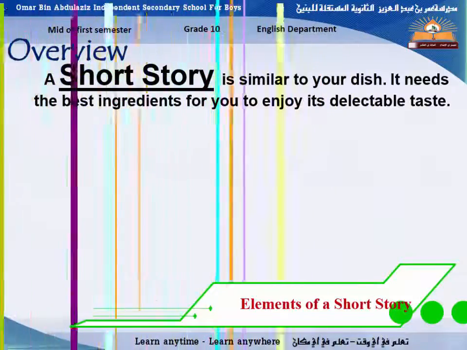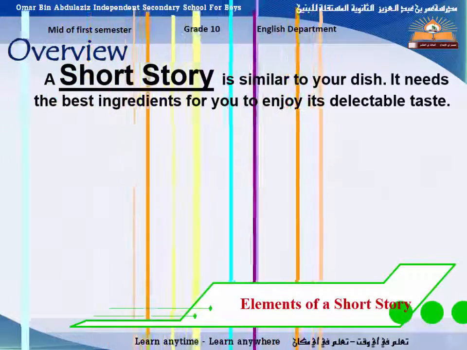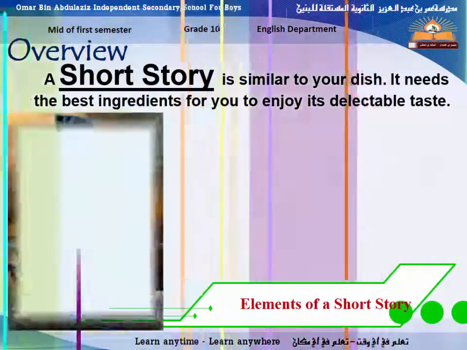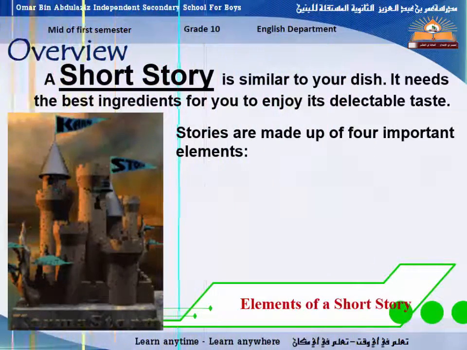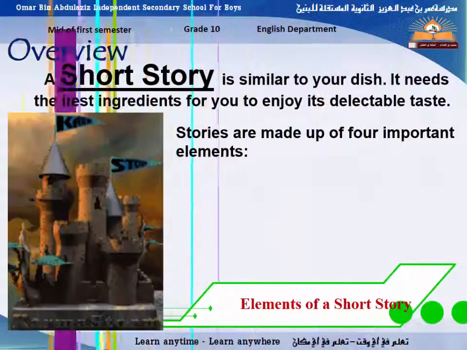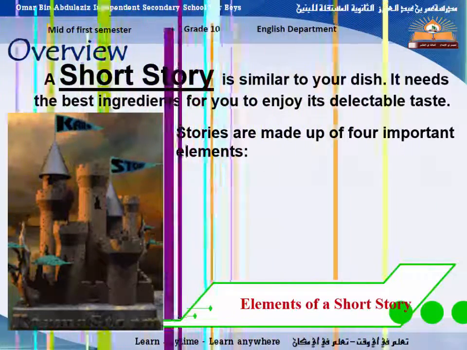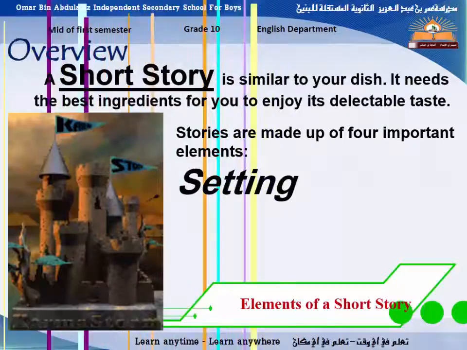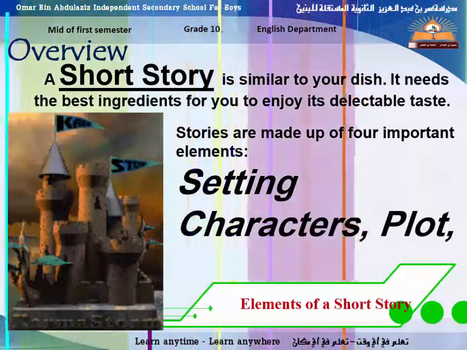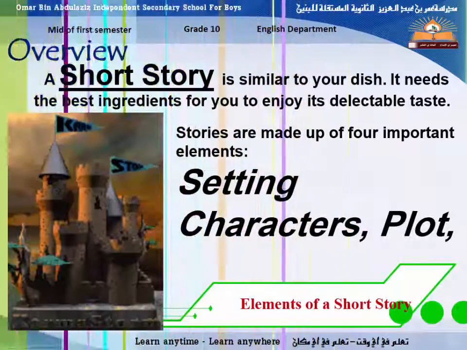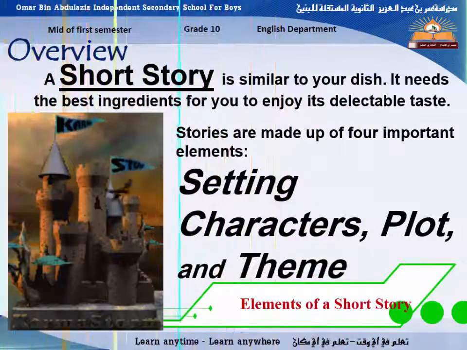It needs the best ingredients for you to enjoy its delectable taste. Stories are made up of four important elements. These elements are the setting, the characters, the plot, and the theme.